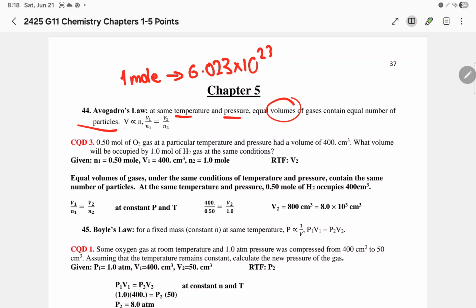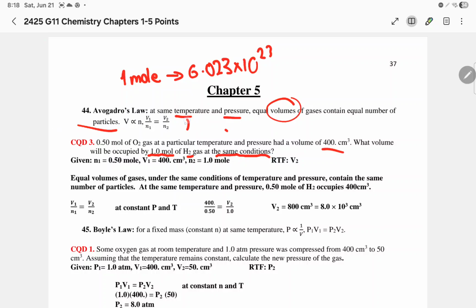So here we have a CQD. In half a mole of O2 at a particular temperature and pressure has a volume of 400 centimeter cubed. What volume will be occupied by 1 mole of H2 at the same conditions? Now, what does the law state?